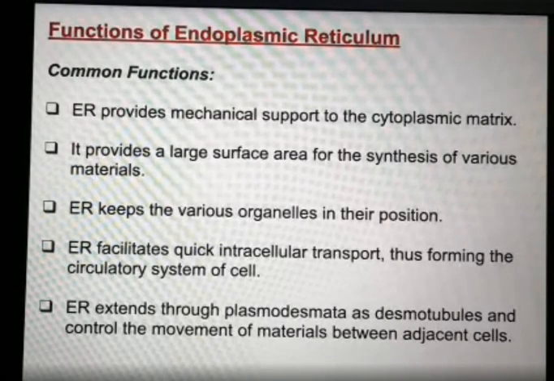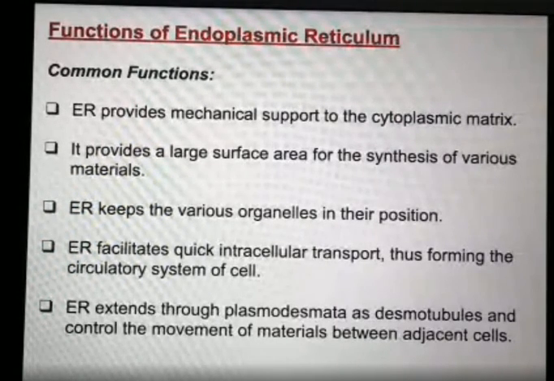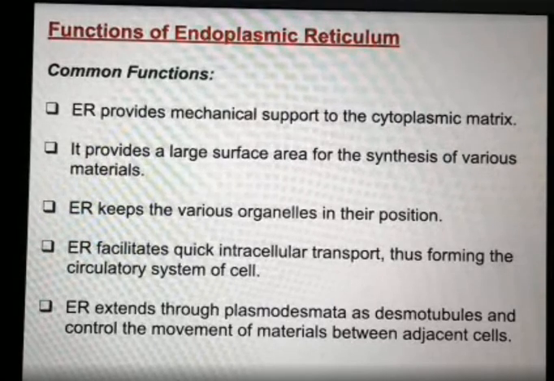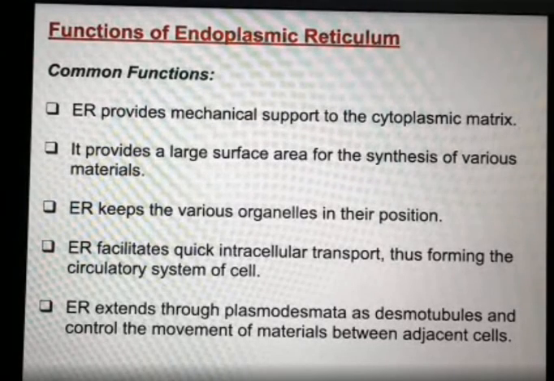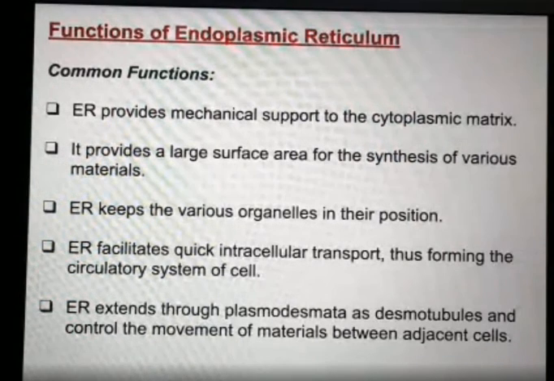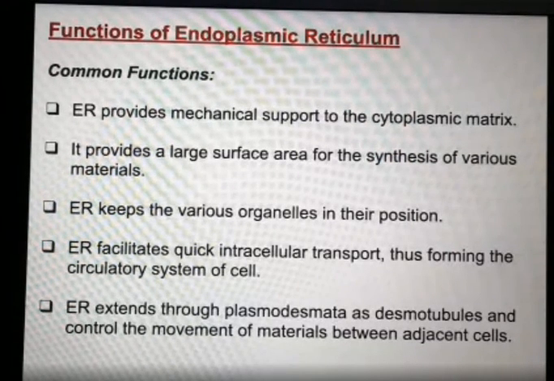So not only is it performing within a cell, but sometimes it can extend through the plasmodesmata, the cytoplasmic connections between two cells, and can help in the movement of different materials from one cell to another. This extension of the endoplasmic reticulum through the plasmodesmata is called the desmotubules.